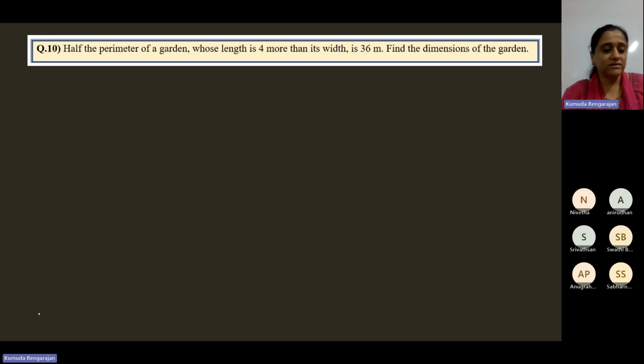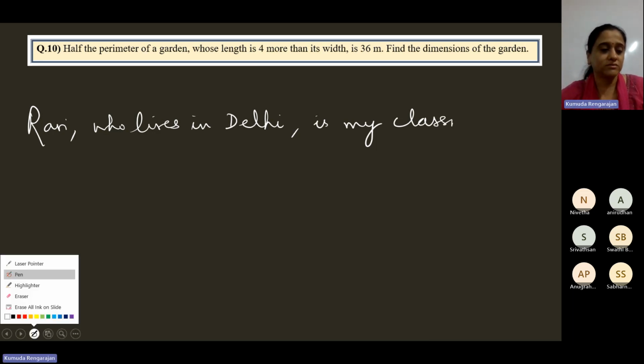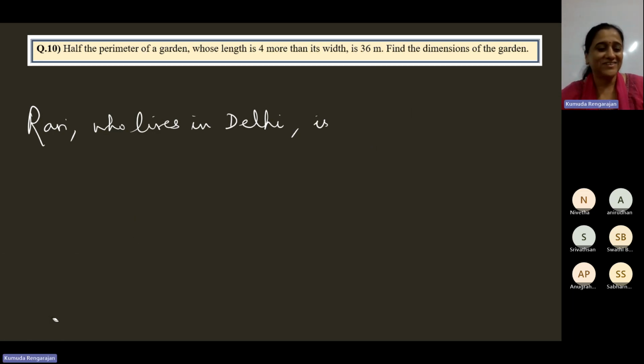Half the perimeter of a garden, whose length is 4 more than its width, is 36 meters. See, two things are combined here. If I say, Ravi, who lives in Delhi, is a doctor, there are two things here about Ravi.